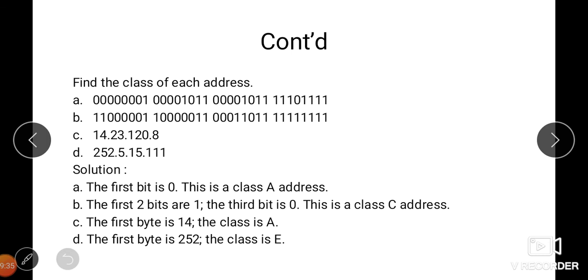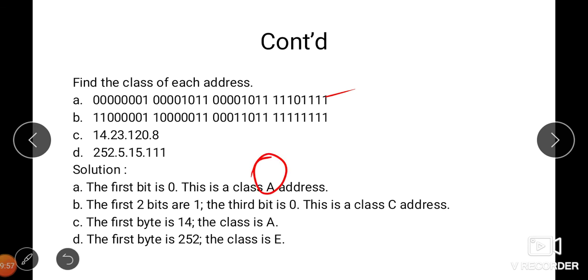Next we will see examples of which class these IP addresses belong to. The first one is 00000001. Here the first bit is 0, so this is a class A address.